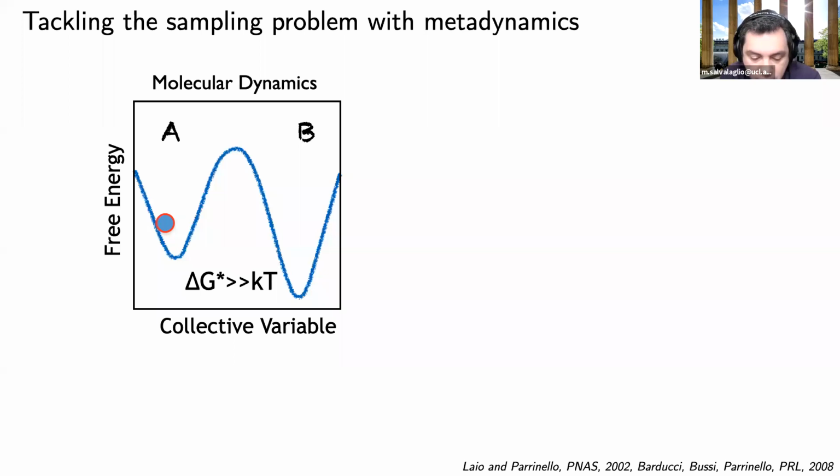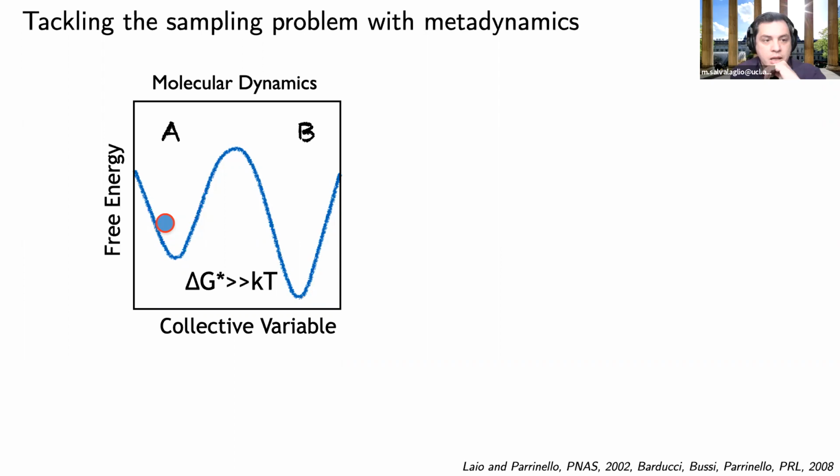Metadynamics is not the only enhanced sampling method that can be used, but most enhanced sampling methods, even those that are not associated to the introduction of a bias potential, actually require the definition of a collective variable or the definition of a proxy for a reaction coordinate anyways. So many of the things that I will tell you about PLUMED, an application of PLUMED in this context, are quite general.